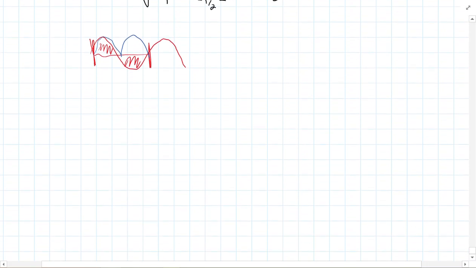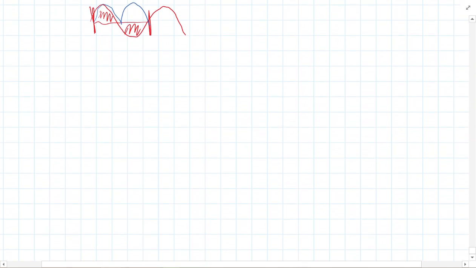Alright, let's go ahead and do a very simple example here. Now this is very important: this is only for sine and cosine functions.